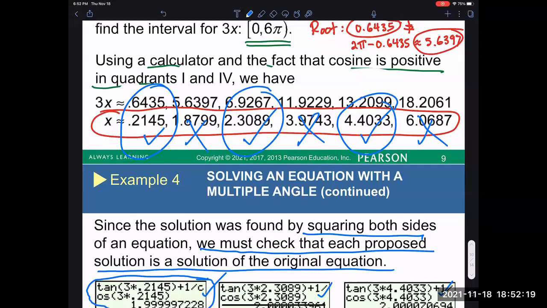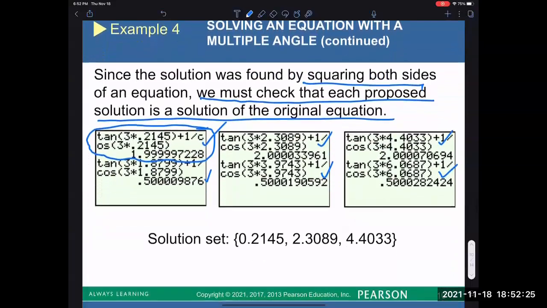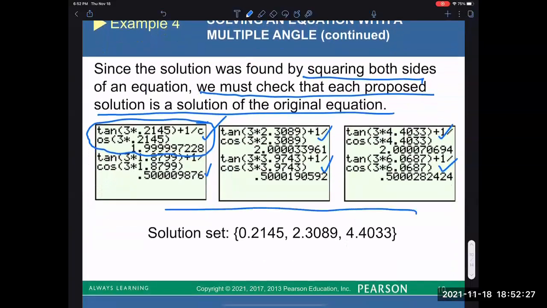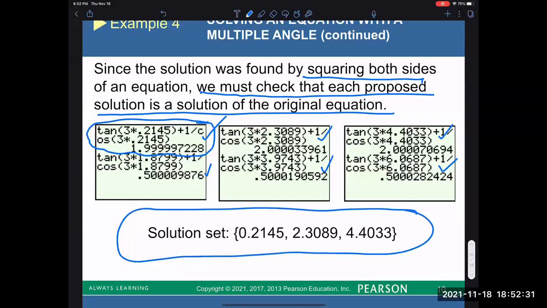And we found all 3 of them, but the way we solved it produced 3 that weren't true that we had to throw away. And so in the end, we have this solution set with at least a good decimal approximation of the 3 solutions for x to solve the equation that are in the range from 0 to 2 pi.